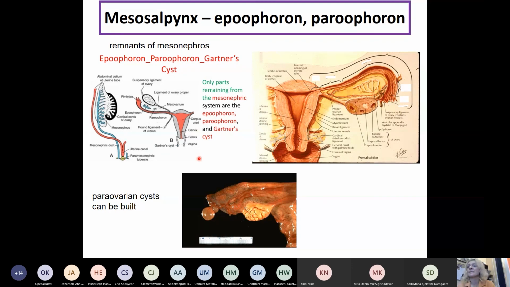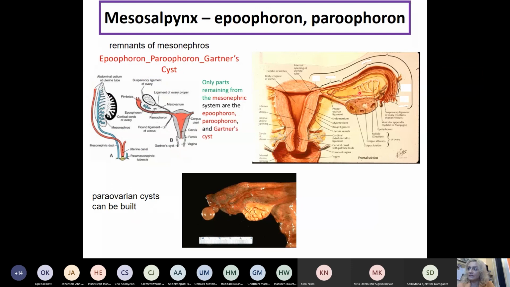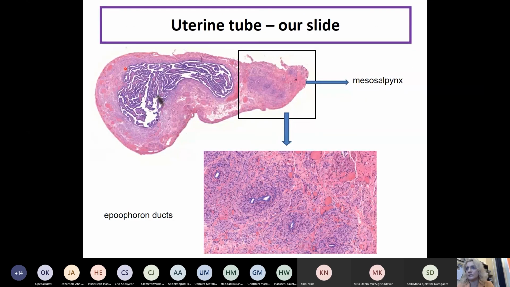So this is our slide, and if it's found in the mesosalpinx and we make a cross section, then in our slide you can find the cross section of the uterine tube and this little tail part, and these ducts are found in this little tail part, which is the mesosalpinx. If you go to high magnification, you can find these little ducts. These are the epoophoron ducts, which you have to identify in the exam.